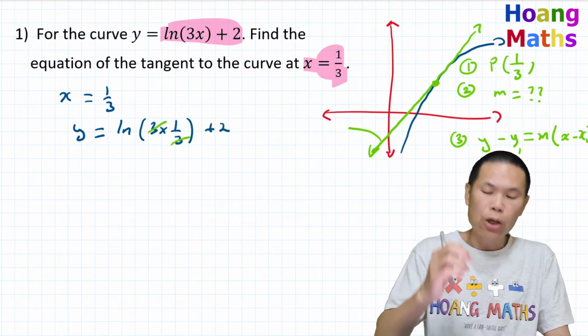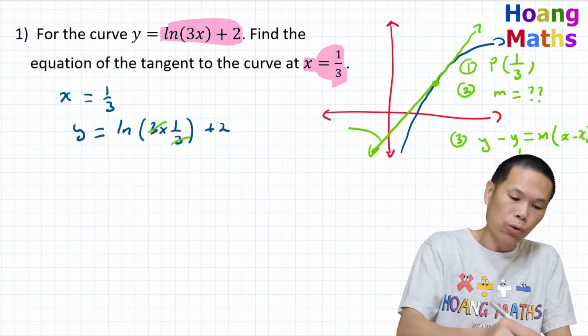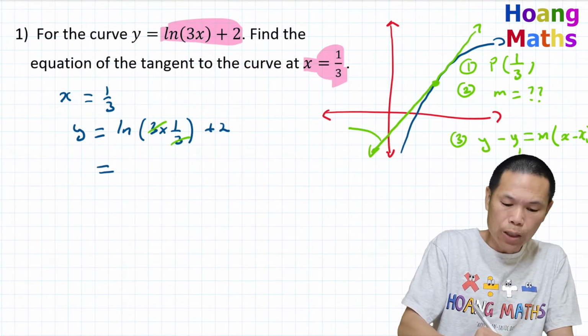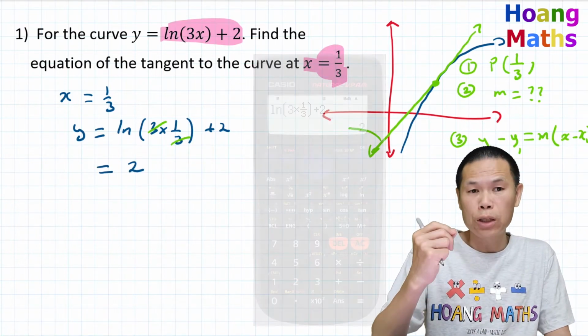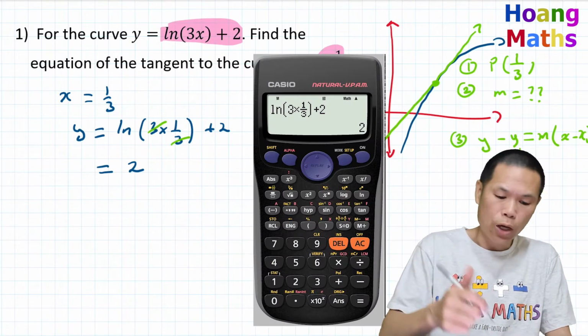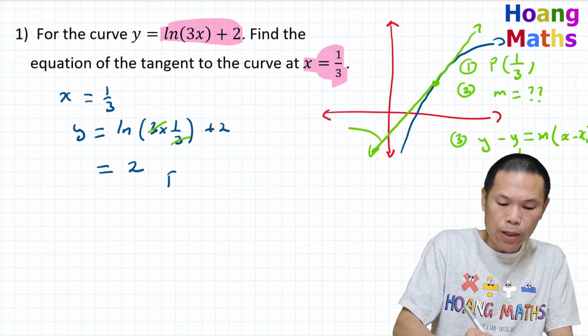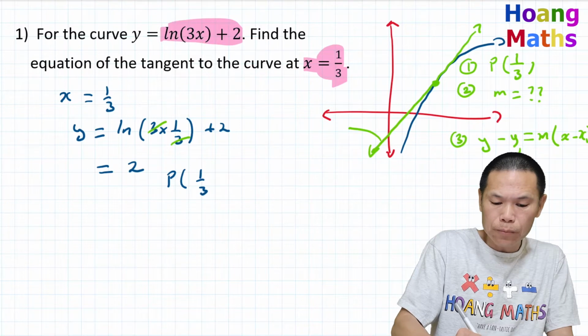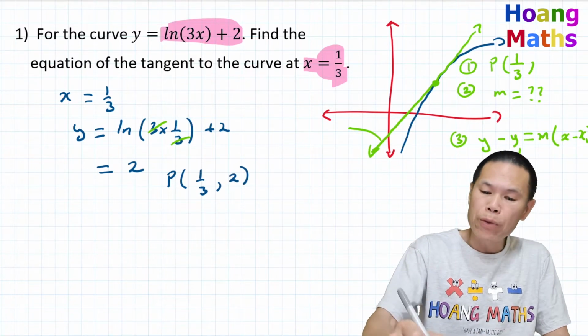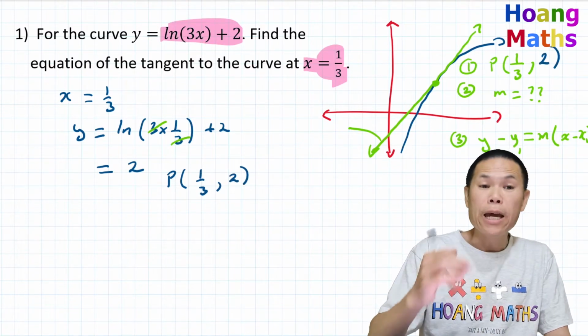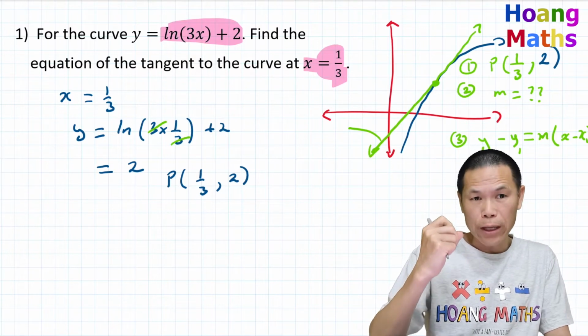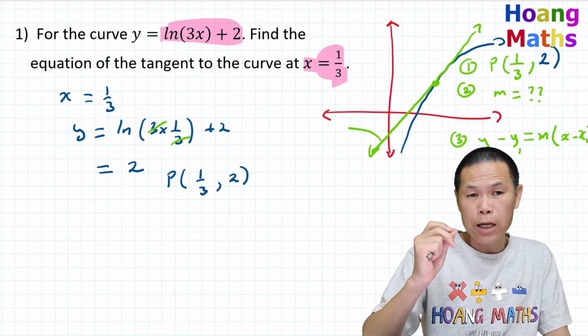These two cancel out, so ln 1 is 0, and 0 plus 2 is 2. Otherwise, you can just put that on a calculator and you should get 2. Therefore, the point is a third and 2. Now we have the point, and we need to find the gradient at the point a third and 2.